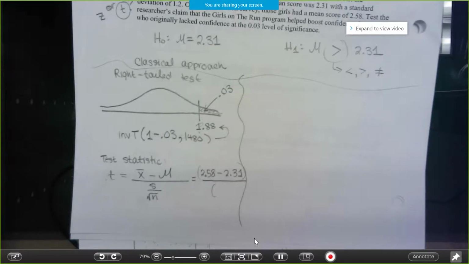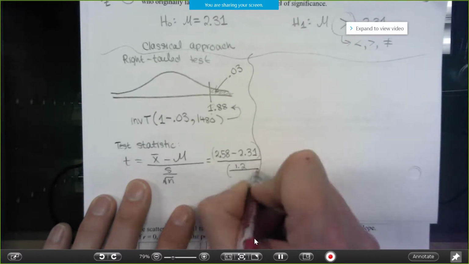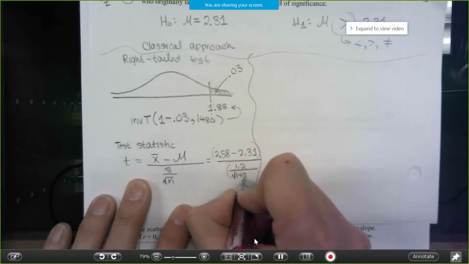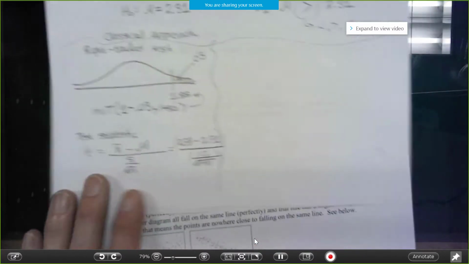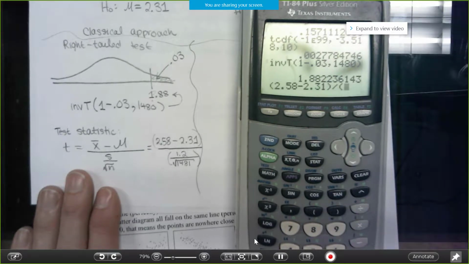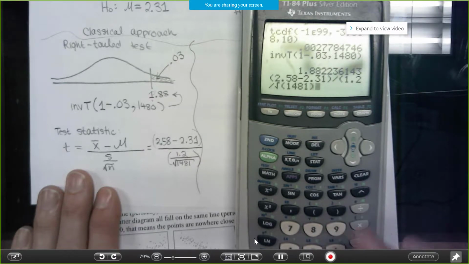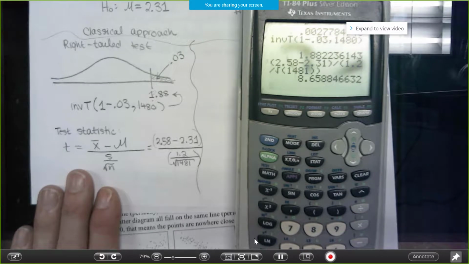Yep, our N will be 1481. What's our S? 1.2. So about 8.66.